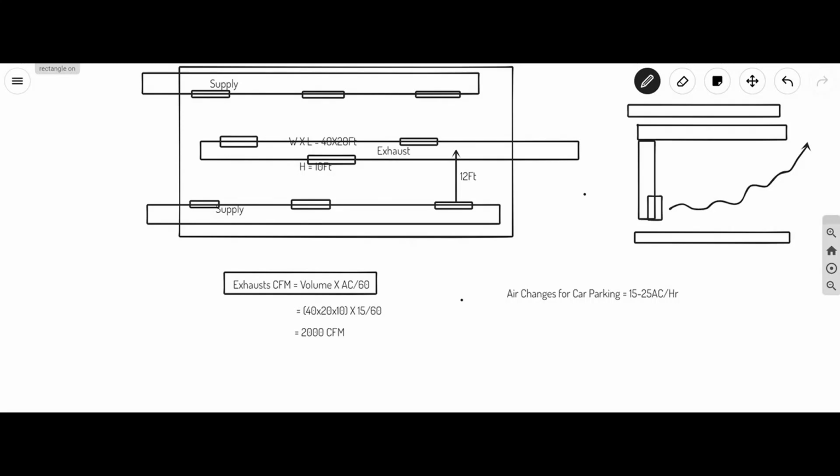This is the best designing system. If it is not possible, you can go with ceiling to ceiling only. This is how we need to design the kitchen ventilation system. Here also 1500 to 2200 are the exhaust velocities.